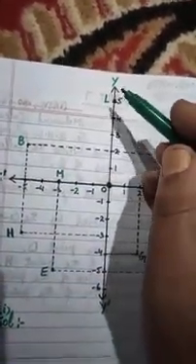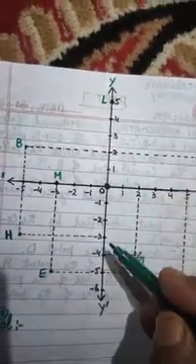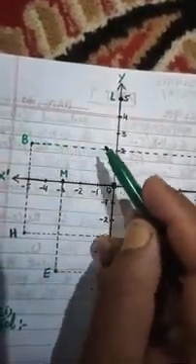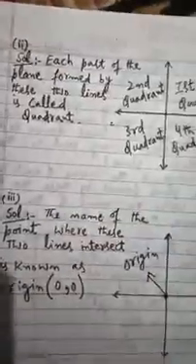So the coordinates of point B are -5 if we move on the x-axis. And then if we see the second value on the y-axis, it is going towards 2. So -5 and 2. So we are going to write the coordinates of point B.